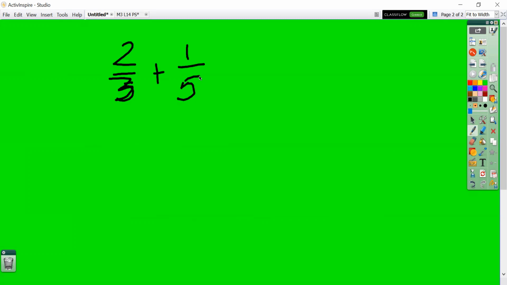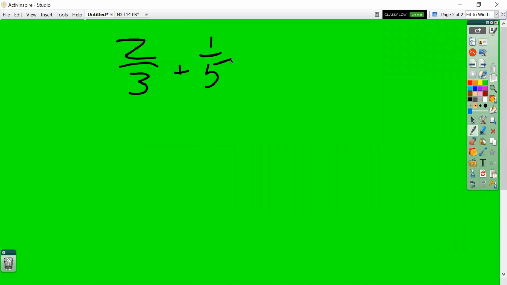I'm going to pause this and see if changing the tip on my stylus fixes this. All right, let's try this stylus. Let me clear this. 2/3 plus 1/5. Oh, there it is. It was my tip the whole time. 2/3 plus 1/5 plus another third plus 1 4/5.